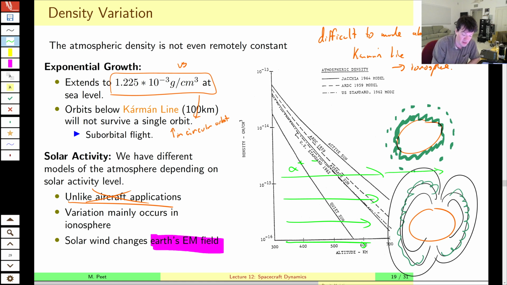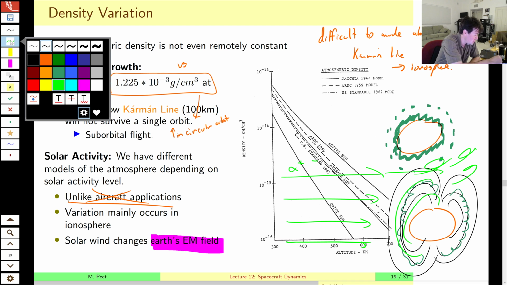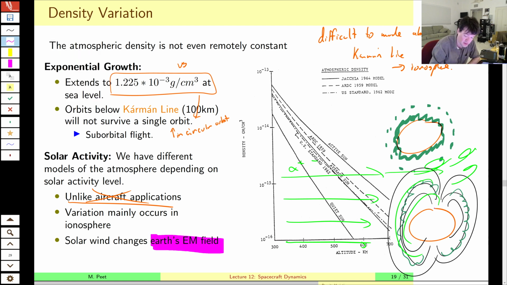Charged particles produce their own magnetic field. And so they interact with our magnetic field lines and push them. So now our magnetic field lines look more like this.